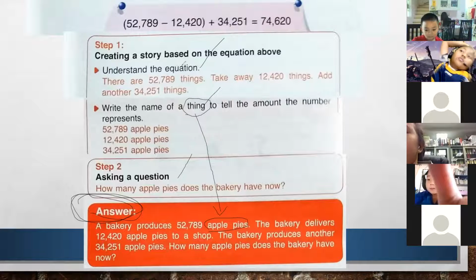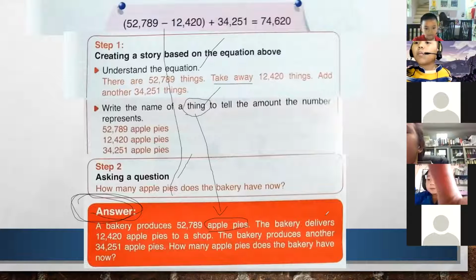So it's minus, take away. The word is delivers, delivery. Another sentence: the bakery produces.